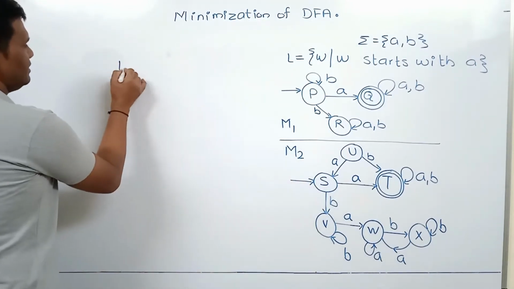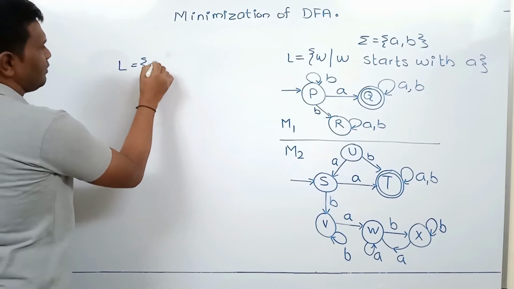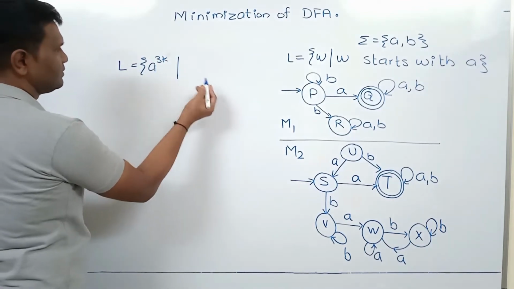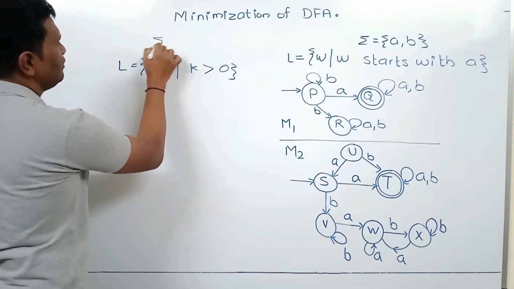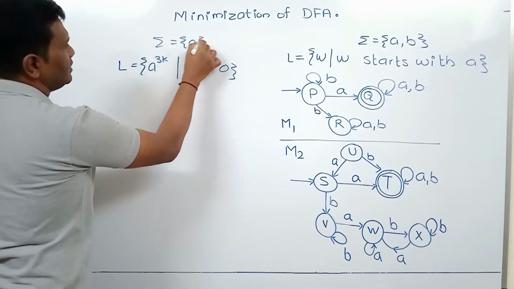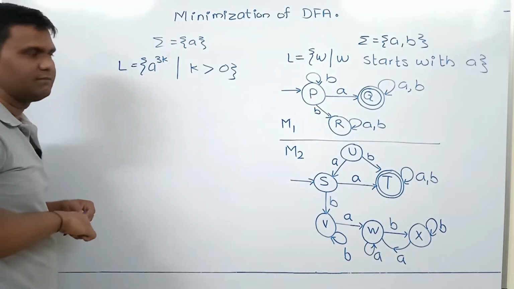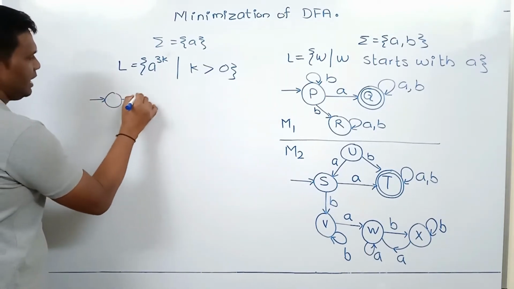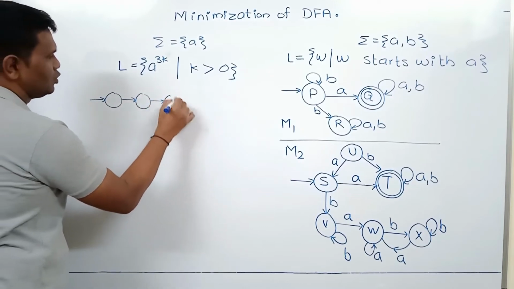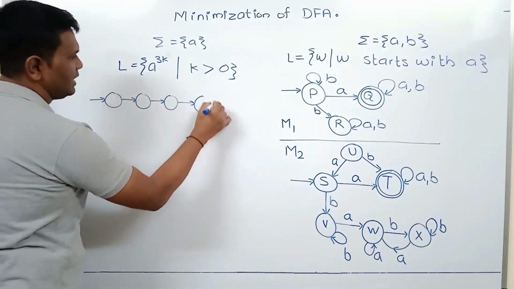Consider language L: A power 3k such that k greater than 0, alphabet contains only one symbol A. Now while building DFA for this language, someone may proceed like this. Here we have A power 1, then A power 2 and then A power 3.